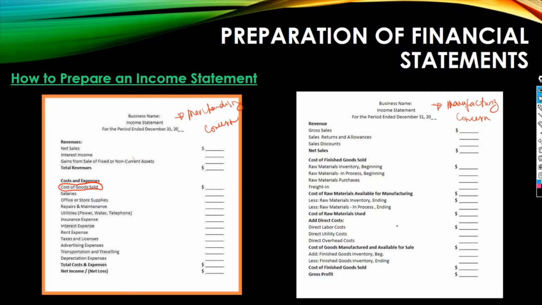Okay. So there are additional items indicated on the income statement of either of these business types. In a merchandising concern, we have what we call cost of goods sold, while in a manufacturing concern, we have what we refer to as manufacturing cost.